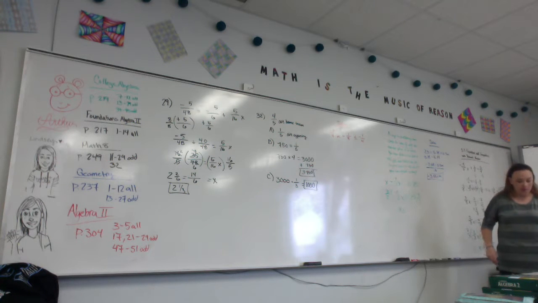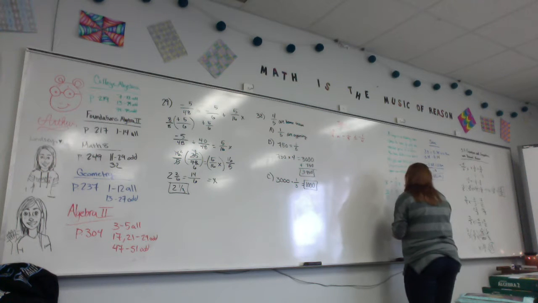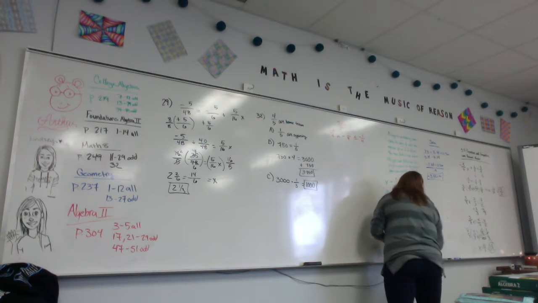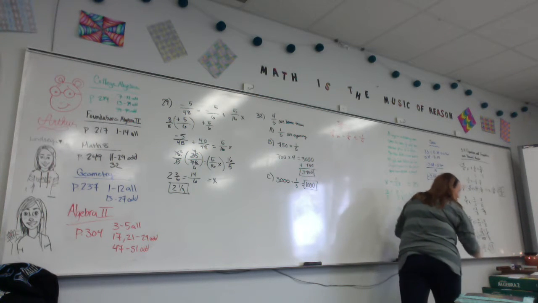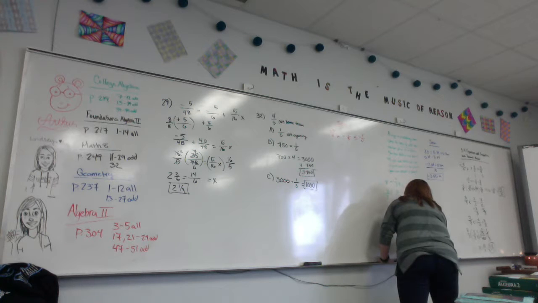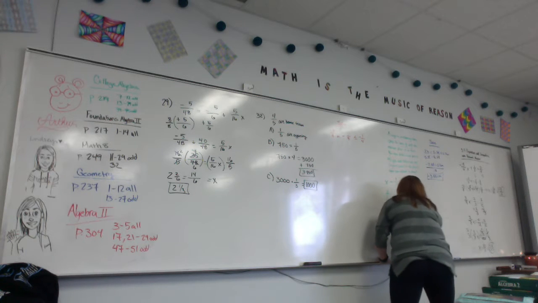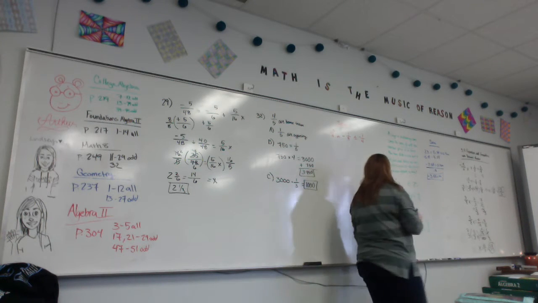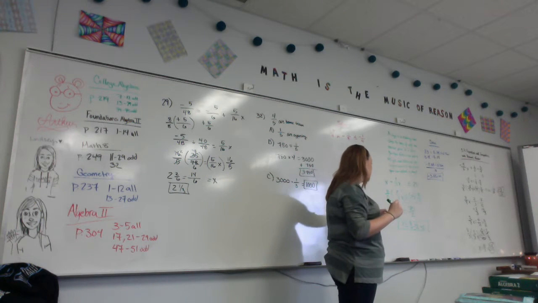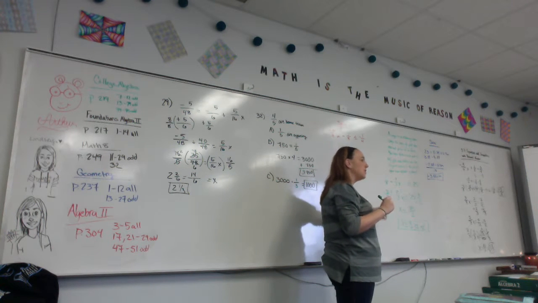It is 75 divided by 2. What is 75 divided by 2? 37.5. So X has to be less than or equal to $37.50. So you can buy any shirt that is in the price range of less than or equal to $37.50.